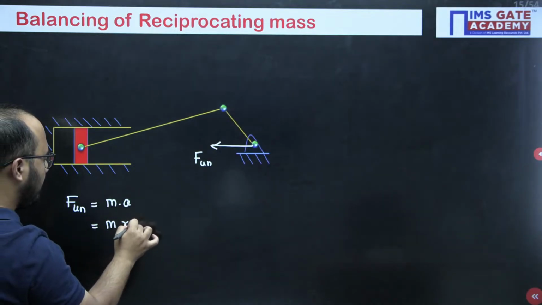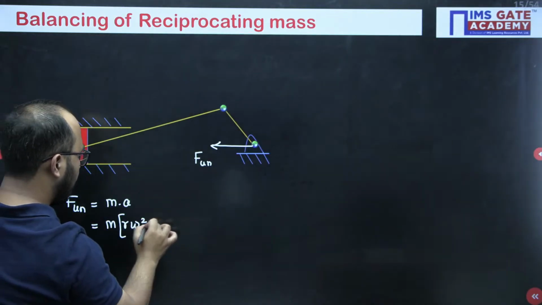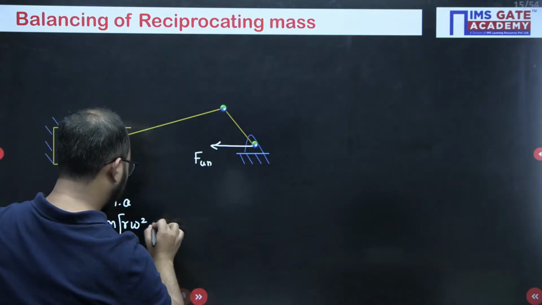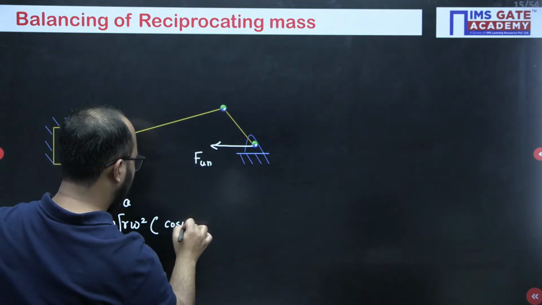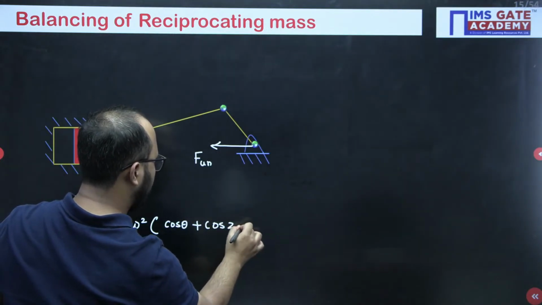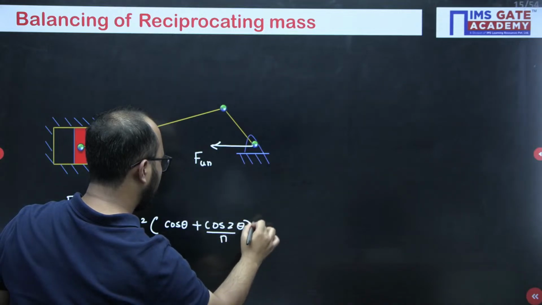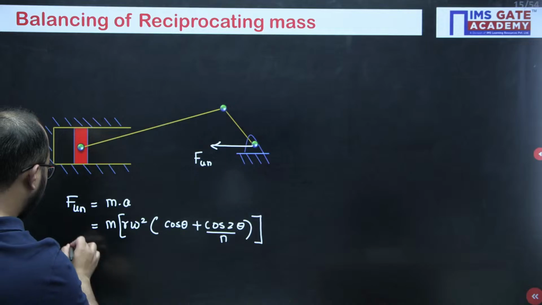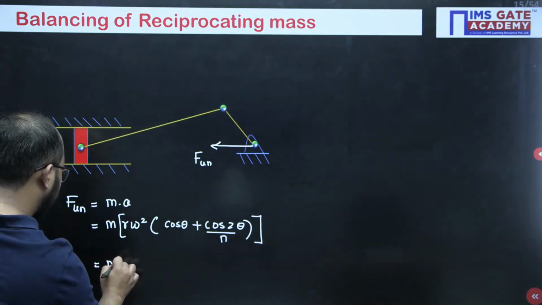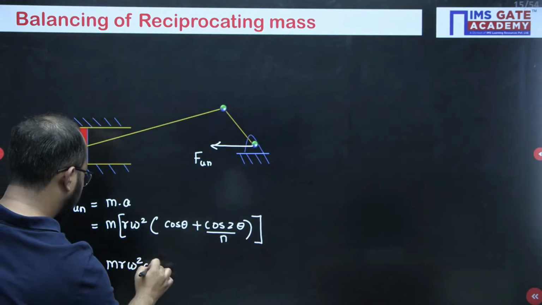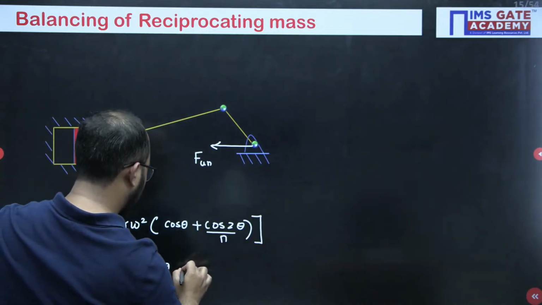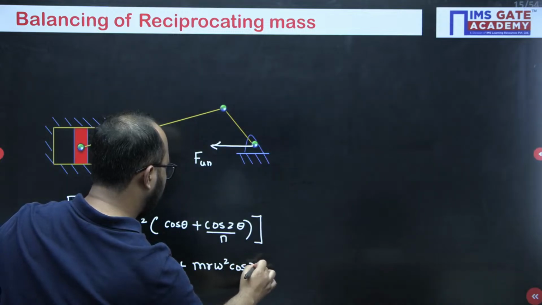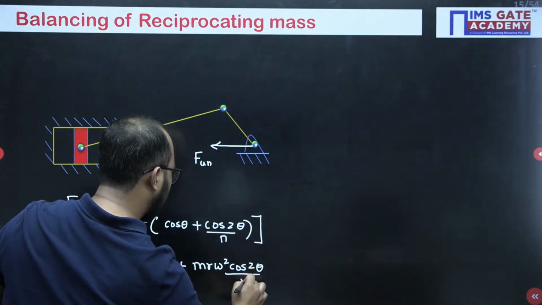Acceleration will be r omega square in bracket cos theta plus cos 2 theta divided by n. Now if I open up the bracket, you will see mr omega square cos theta plus mr omega square cos 2 theta divided by n.